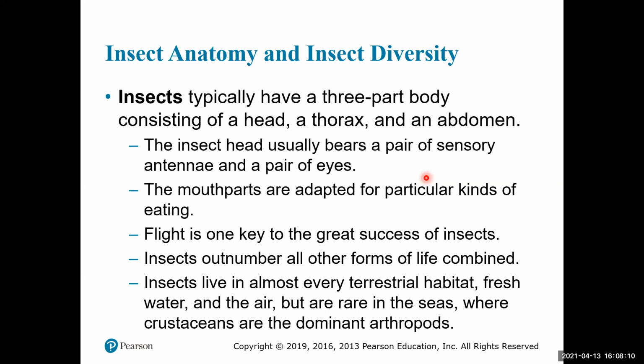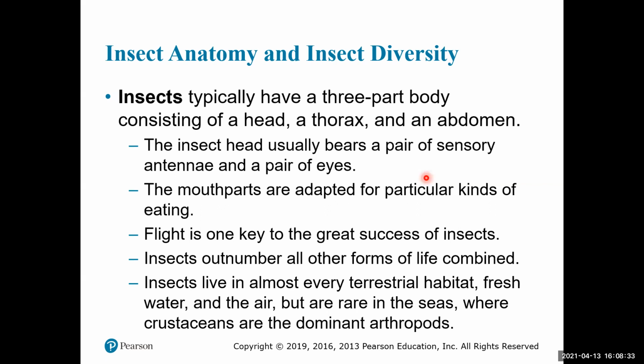And flight also has allowed them to be able to migrate long distances. So, for example, the monarch butterfly migrates long distances throughout its life cycle, and all that's made possible because of the presence of wings.